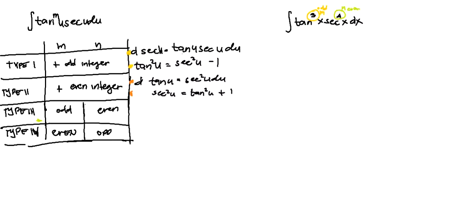So we will isolate the tangent u secant u du as the derivative of secant. Once again, the derivative of secant is tangent u secant u du.